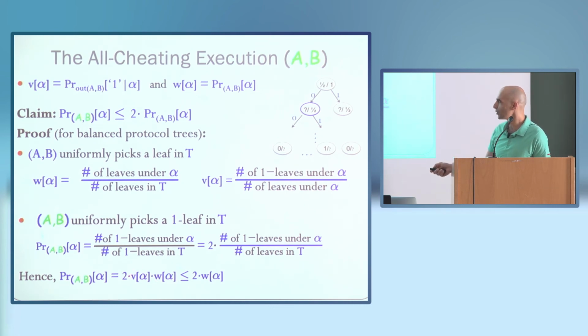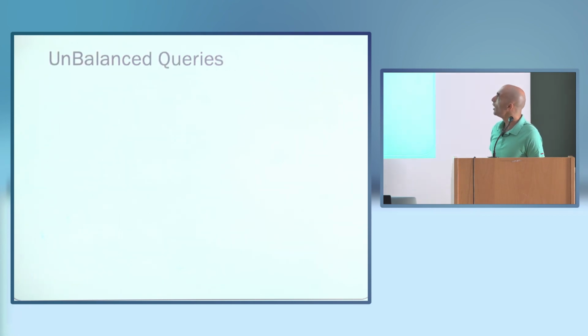But since this is at most 1, we get the claim. Okay? So let me state it again. The probability of every node in the all cheating execution is at most twice the probability in an all honest execution.